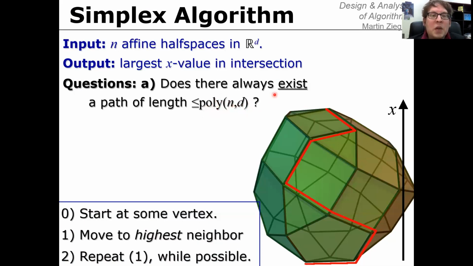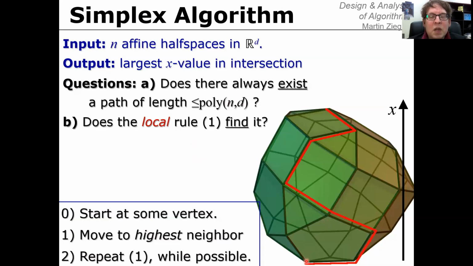So, once we know that such a path exists, then we can ask the next question, can we find such a path? Can the simplex algorithm find such a path by, for example, moving always greedily to the highest neighbor, or to the closest neighbor, or any similar kind of local rule, right?